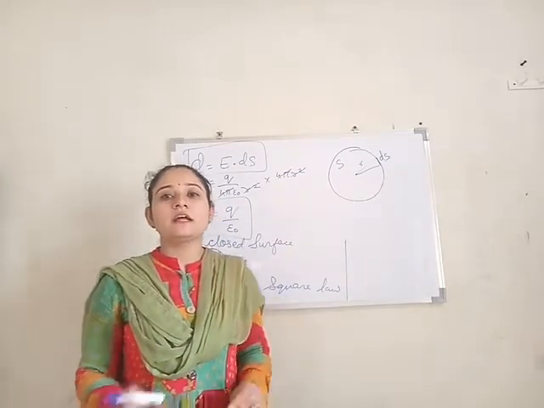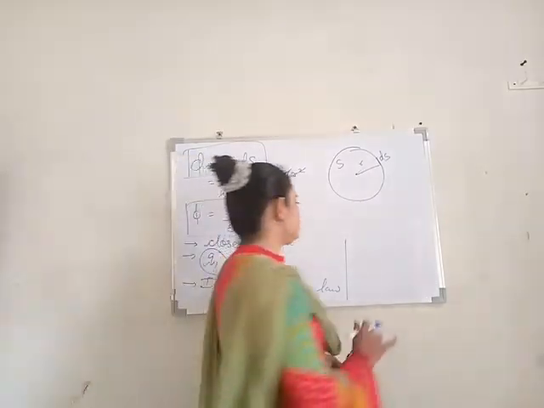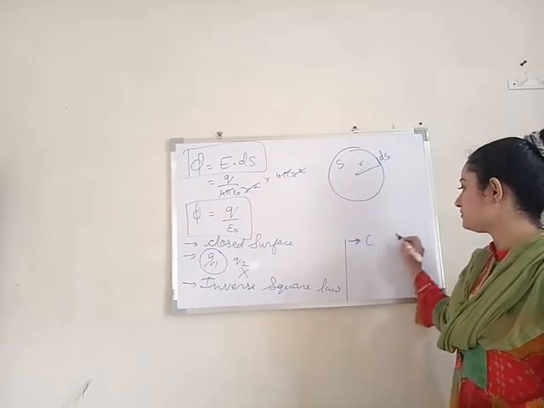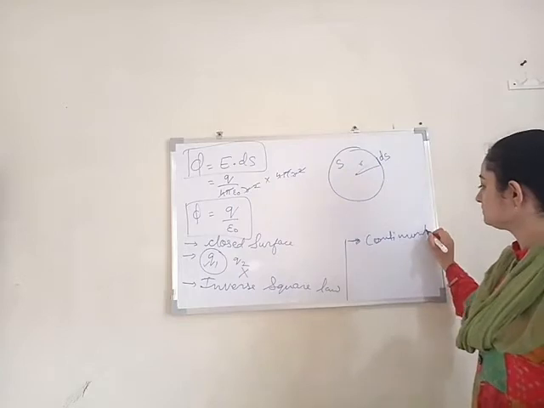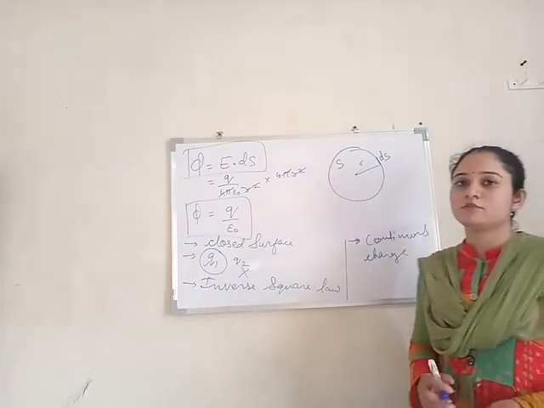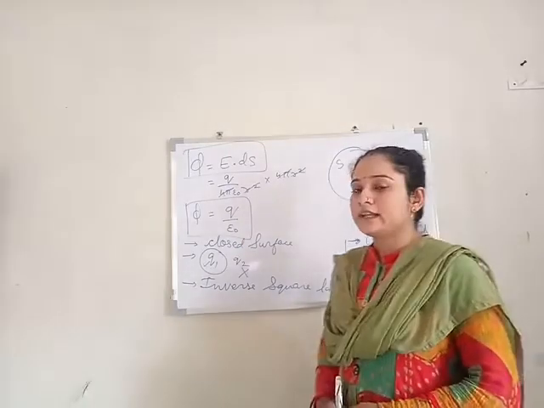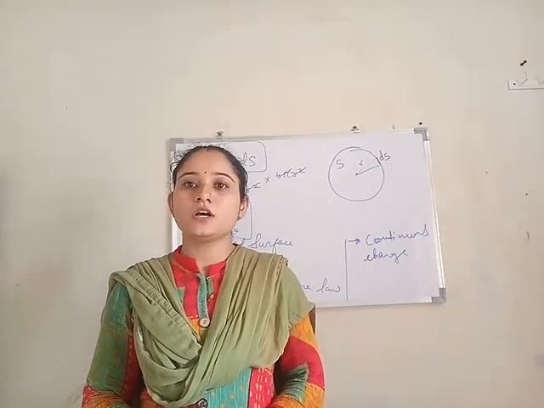We cannot take discrete charge in the Gaussian surface, so we need to have a continuous charge distributed surface. Now in the next lecture we are going to study the applications of the Gauss law.